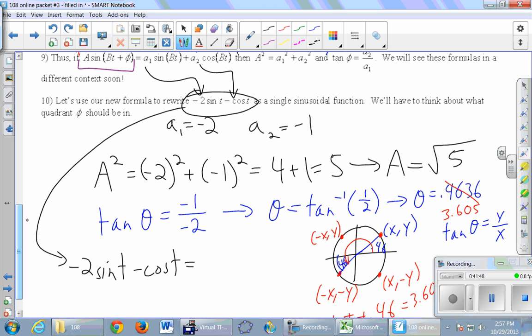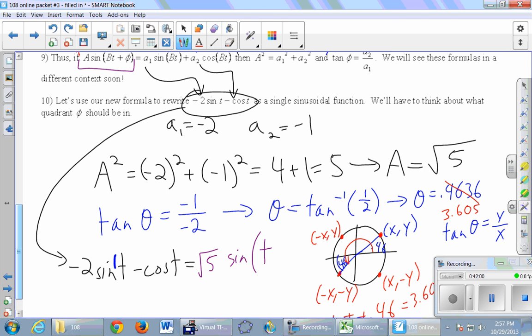Capital A was √5, times a single sine function of bt. Okay, so b is just whatever it was, 1 in this problem. B is the number that's in front of the t's. You can see it right here. So it's just 1. So sine of 1t plus, and then the theta or phi that we just found is this 3.6 business, plus 3.605.